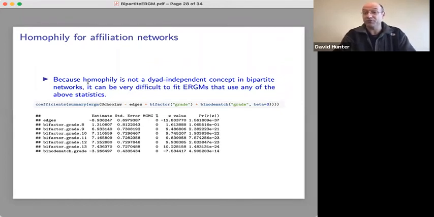I couldn't get either of the others to fit, and that's because we no longer have dyadic independence. So homophily for affiliation networks can lead to some problems. Part of the problem here is the size of the network. With 1,262 students and almost 100 clubs, this network is already pretty big, and the computations to do the approximations for the likelihood calculations can be complicated.